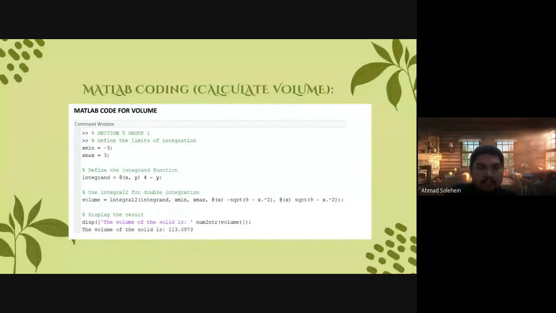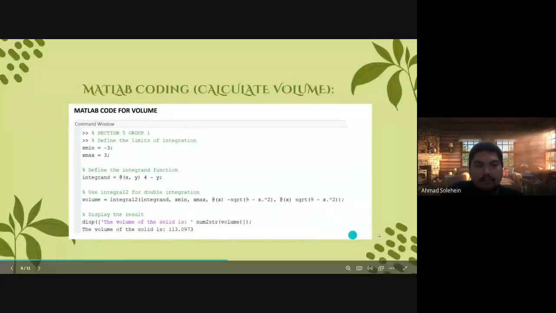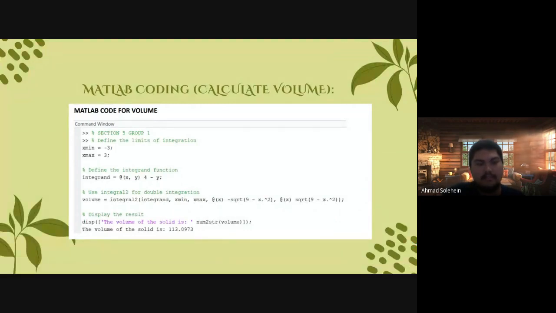For the coding, to define the limits of integration, we use xmin equals -3, xmax equals 3, and then we define the integrand function. The integrand equals 4 minus y. Then we use integral2 for the double integration.